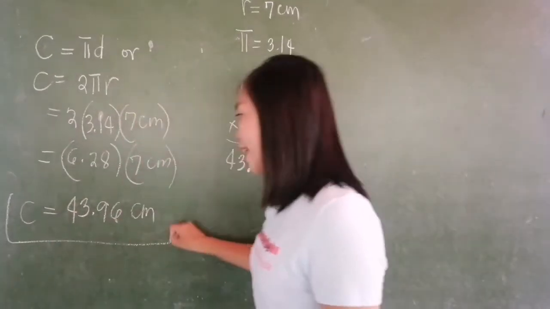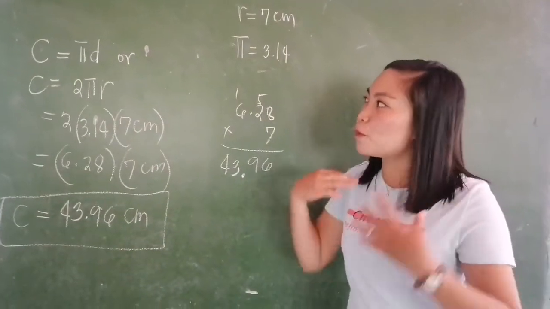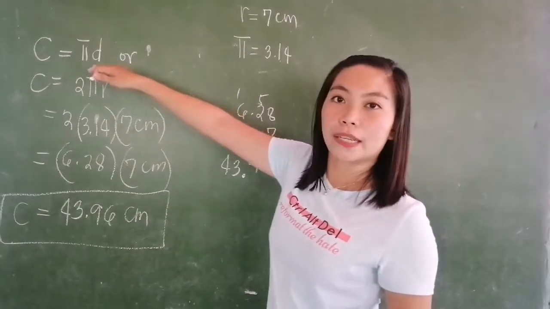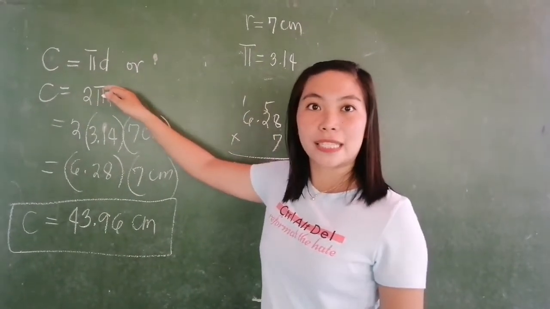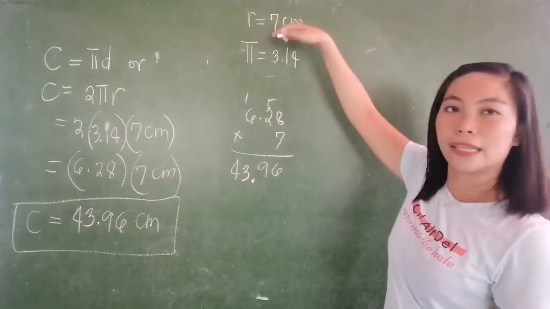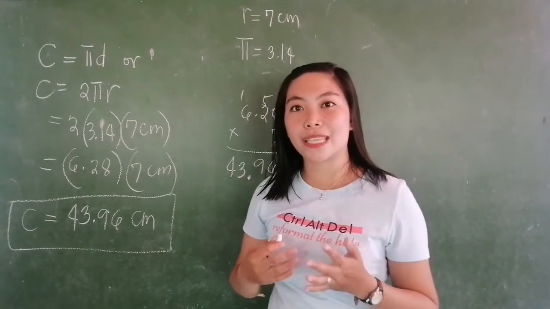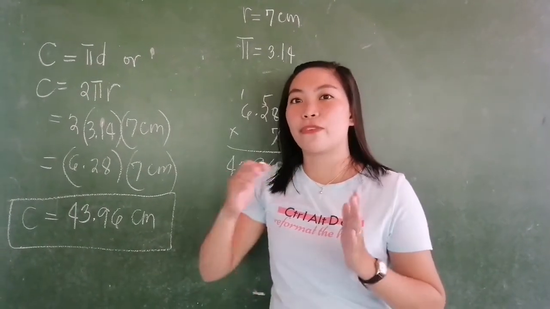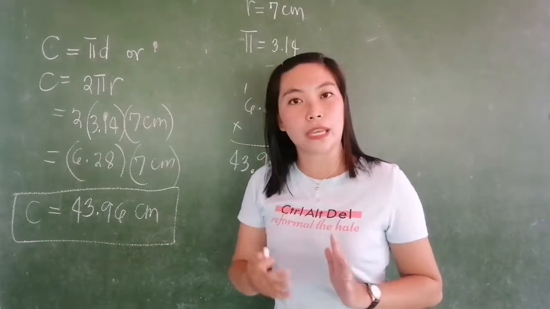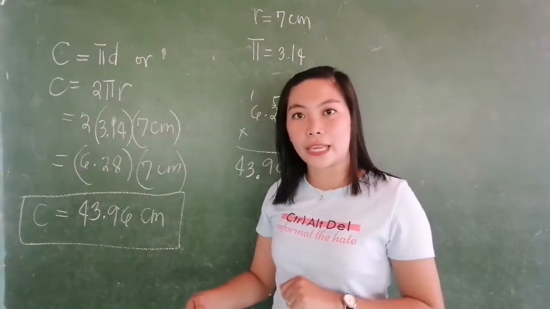Ito po yung final answer natin. Diba? Okay, gusto nyo po bang gamitin natin yung another formula natin, which is the diameter? Gamit pa rin yung radius na 7 centimeters. When we say radius, it is a line coming from the fixed point of a circle called center to any point of the circle.